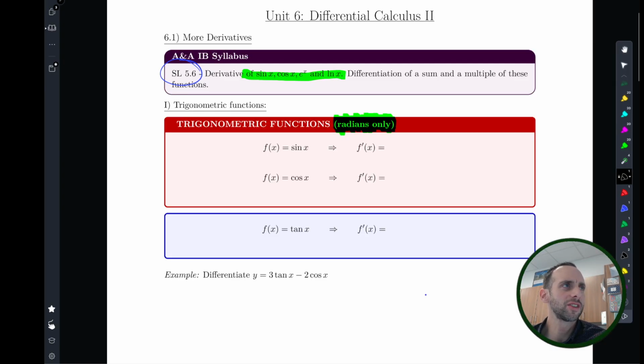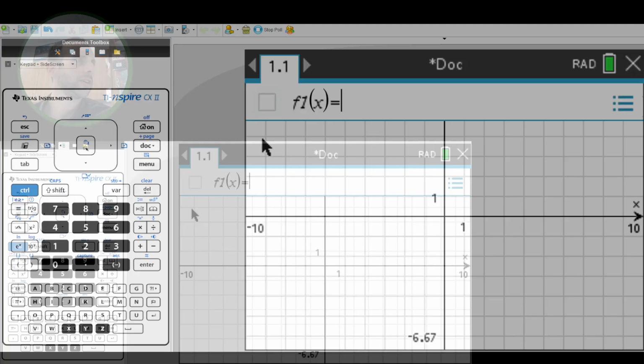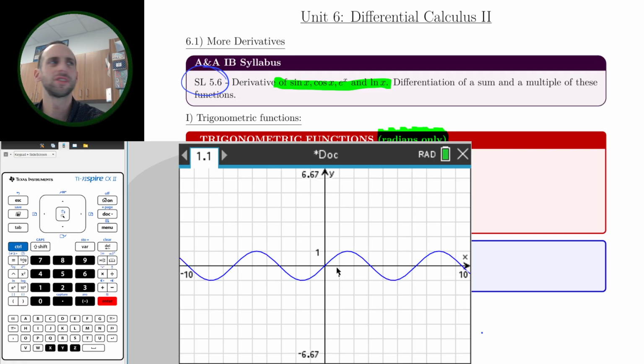So we're going to begin with our sin x function, and we're going to explore what the derivative of that sin x function might look like. Okay, so we're going to start with a nice little graph of sin x on our TI Inspire here. So we'll graph our function sin x in radian mode, so we should see this nice standing wave.